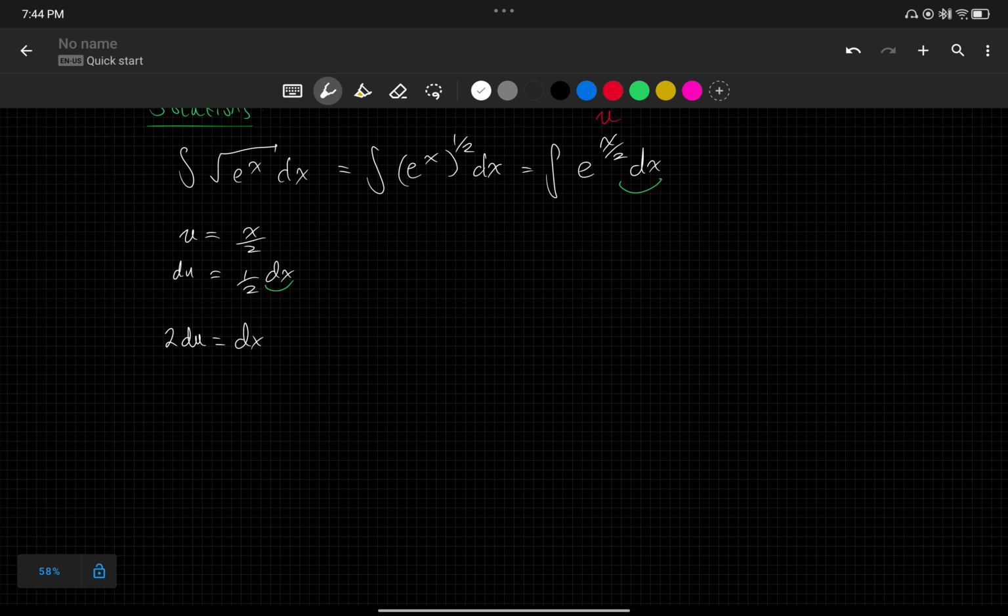Okay, so now let's start swapping out everything. This is going to be e to the u, and then this is 2 du, but guess what? 2 is a constant. Throw it to the front. So it's going to be 2 e to the u plus c. Put back what it was originally, 2 e to the x over 2 plus c.